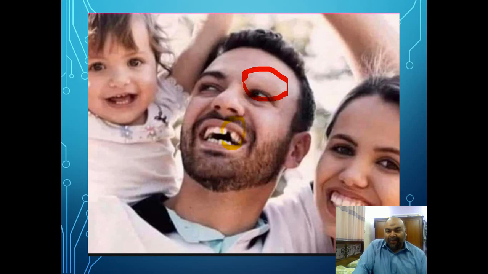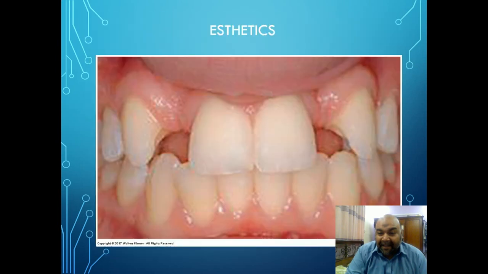The reason no one noticed it is because the first thing that we look at is the teeth. So by this picture, what I mean is the importance of aesthetics. Mandibular central incisors, mandibular lateral incisors, as well as the maxillary centrals and laterals are very important aesthetically.